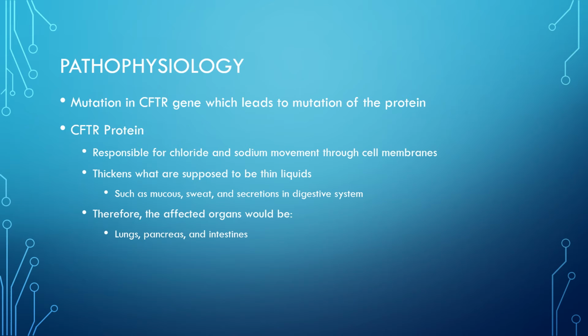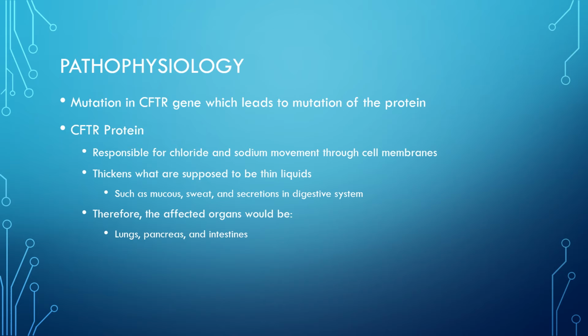Now we can dive into the pathophysiology of cystic fibrosis. So the cystic fibrosis transmembrane receptor protein, or the CFTR protein, is responsible for chloride and sodium movement through cell membranes, meaning sodium and chloride coming into the cell as well as going out of the cell.